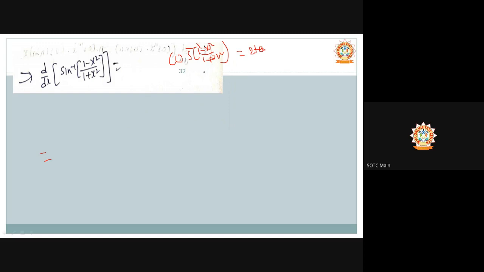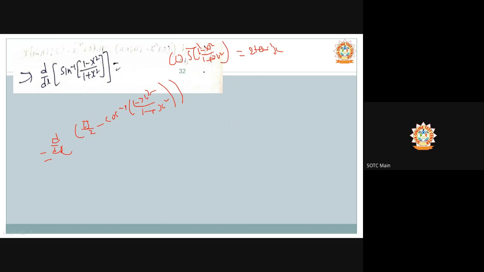Very good. Right? So can we convert this sin inverse x into cos inverse x? That is pi by 2 minus cos inverse of 1 minus x square by 1 plus x square. Now tell me what is the answer you will get.